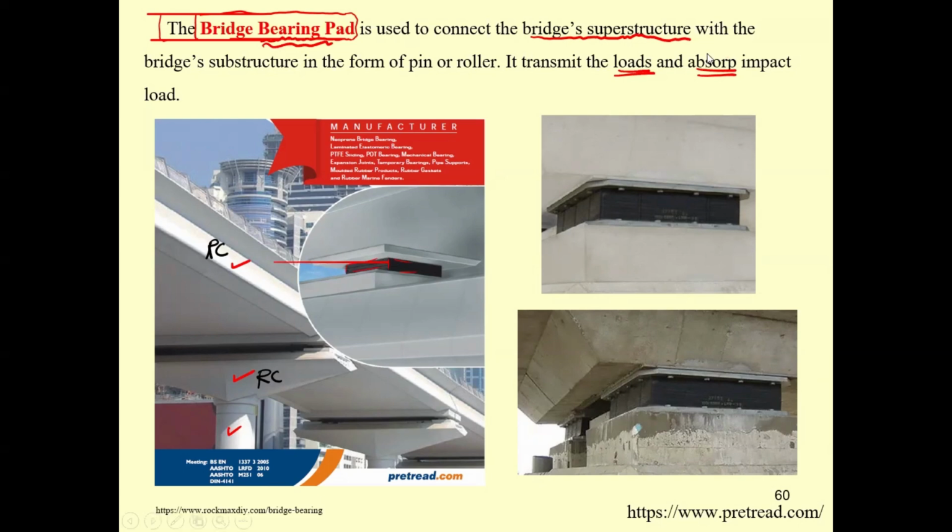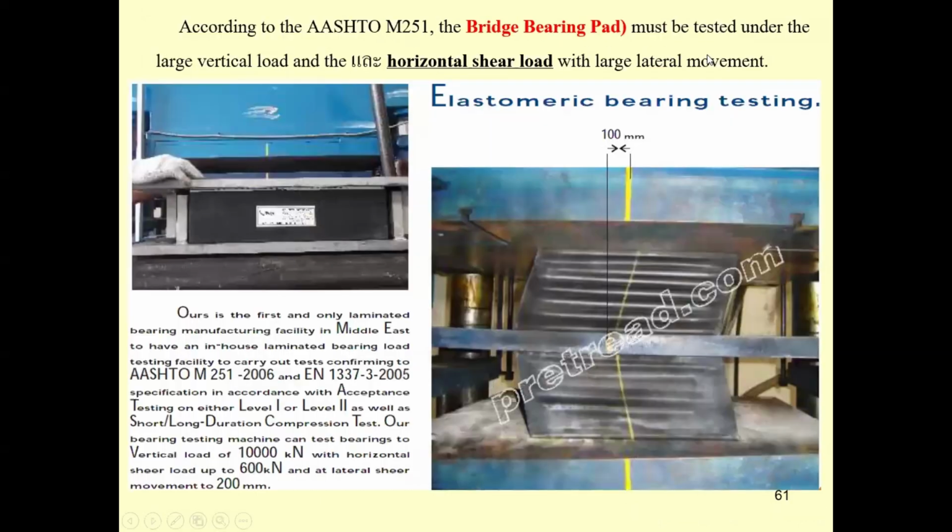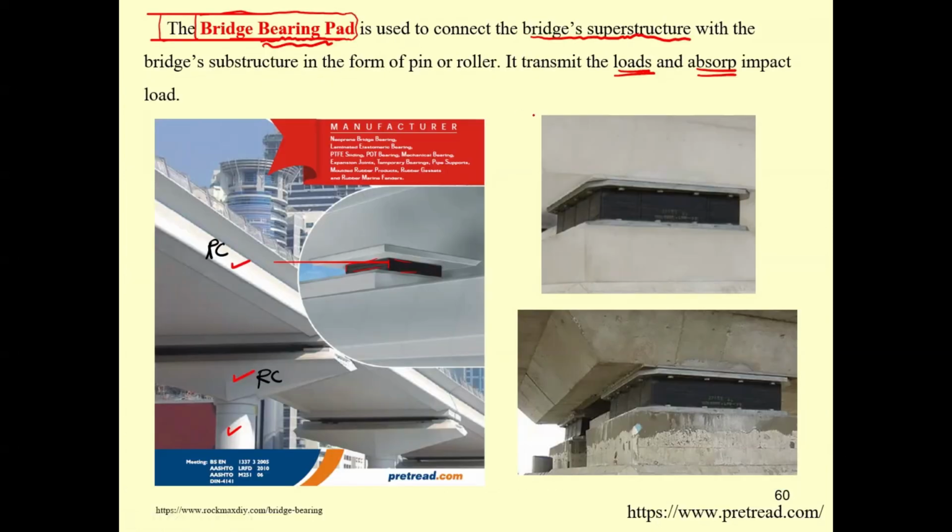Now, what are we going to do? The bridge is not only subjected to vertical force, very large vertical force, but the pad must also resist what is called the braking force from the vehicle.